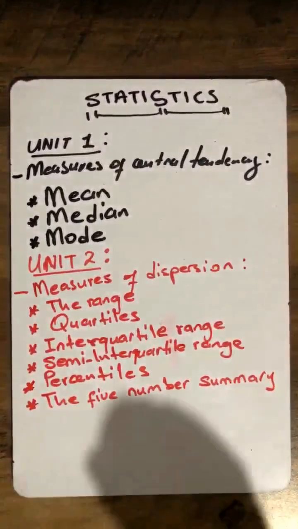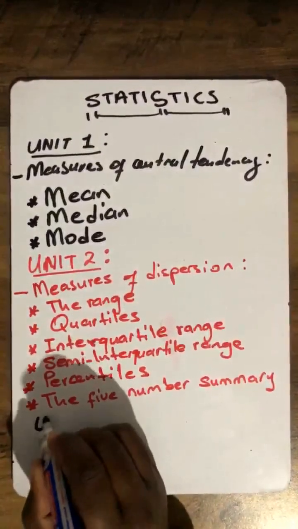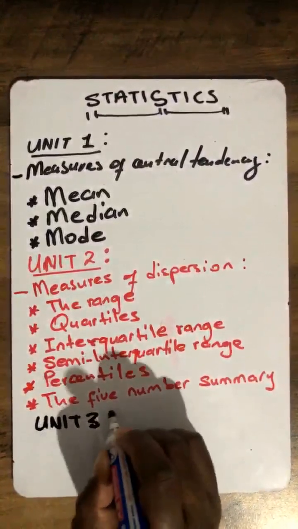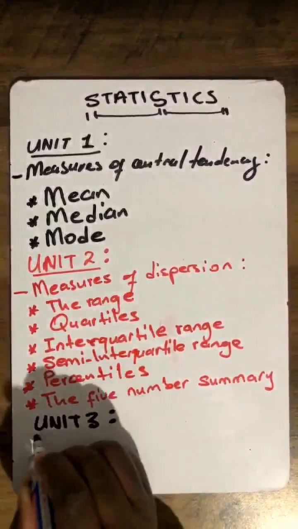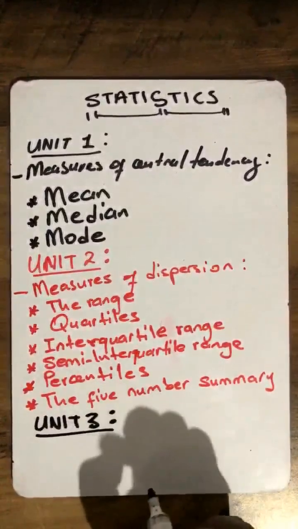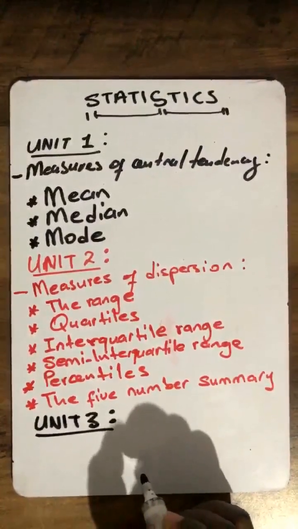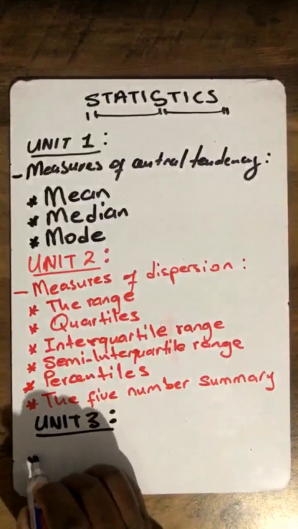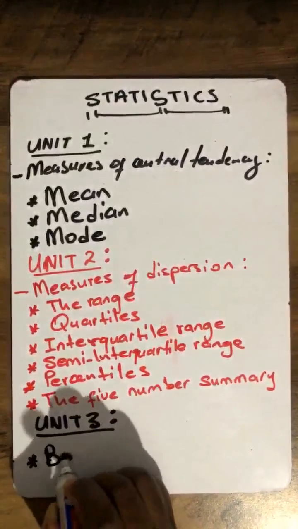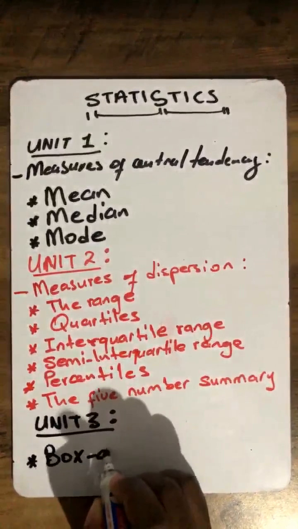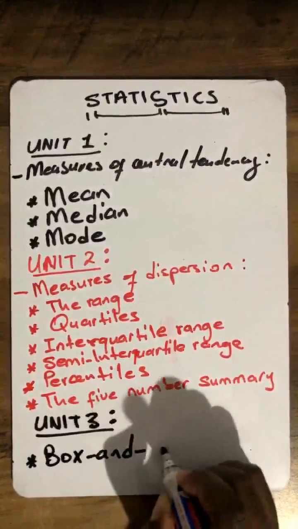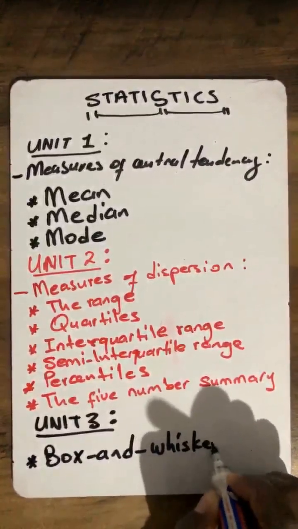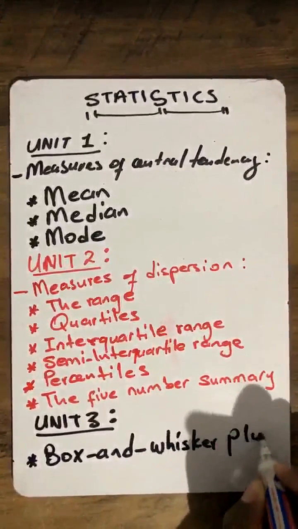And then the last unit, not necessarily the last, but for us it's going to be our last unit, being unit number 3. This is where you need to learn box and whisker plot, the honorable members. Box and whisker plot.